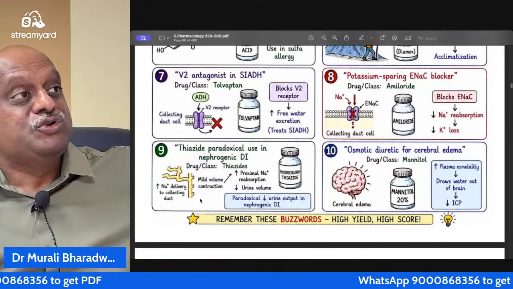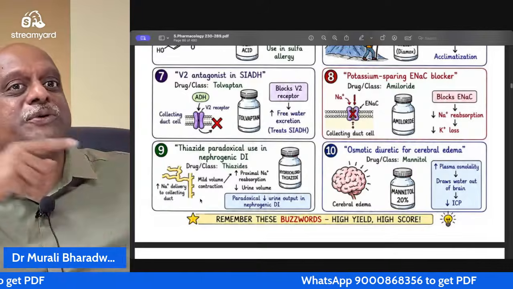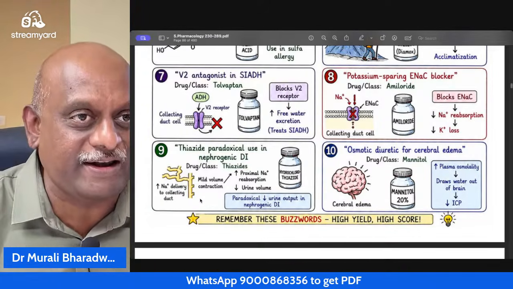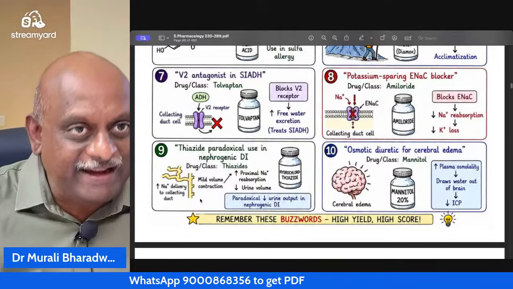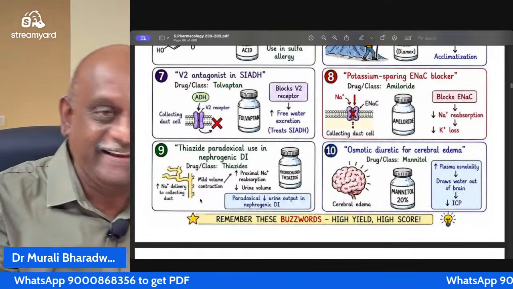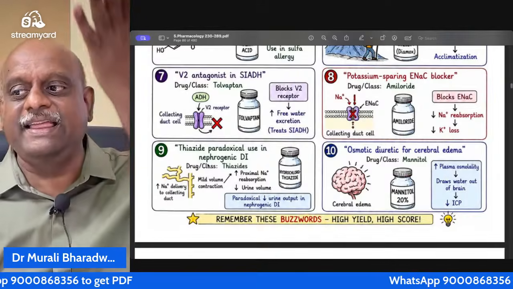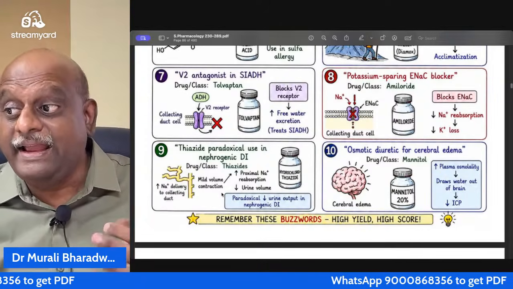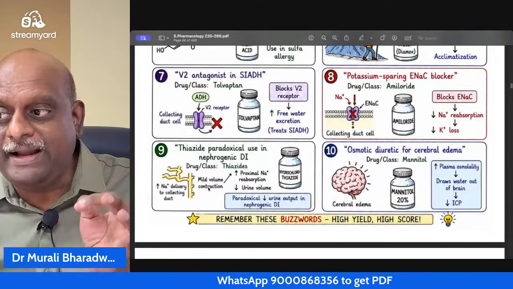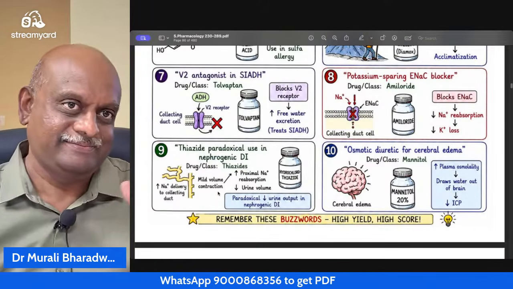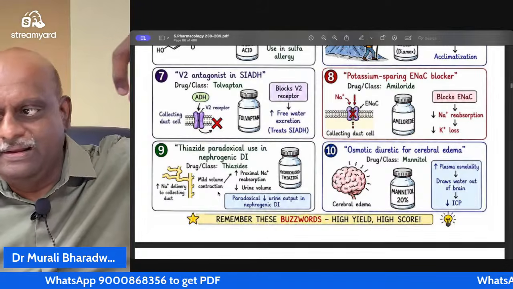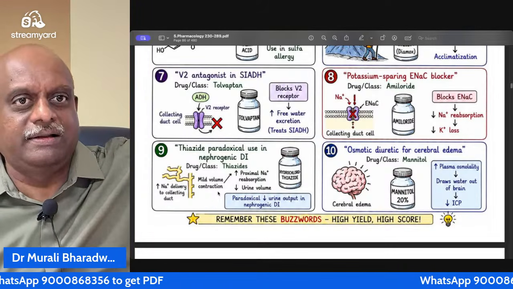So how do we stimulate the proximal tubule to do 100% water reabsorption? For that, we do a jugaad: we give thiazide. When thiazide is given, there is mild volume contraction.